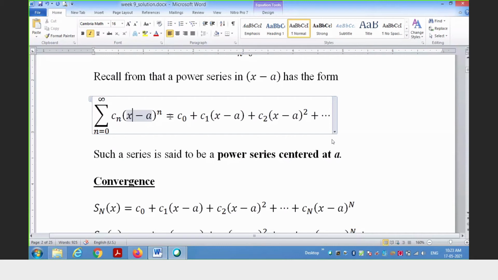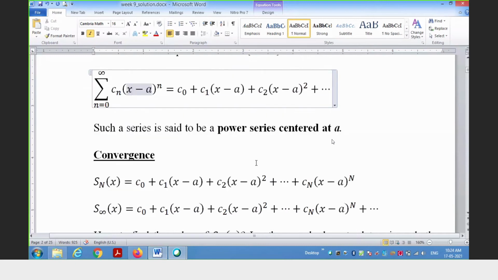When you expand a function using a Taylor series about x equal to a, the center is a. You can recall your Taylor expansion or Taylor series in your calculus 2, but I will touch on that later.